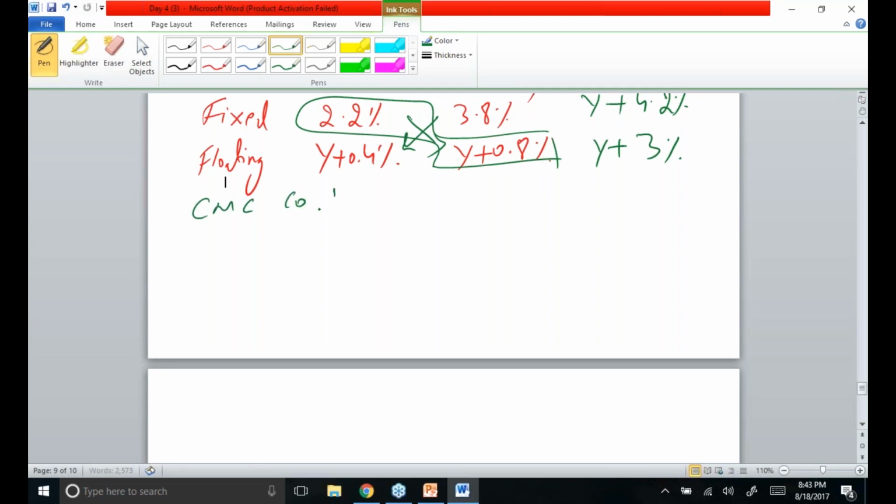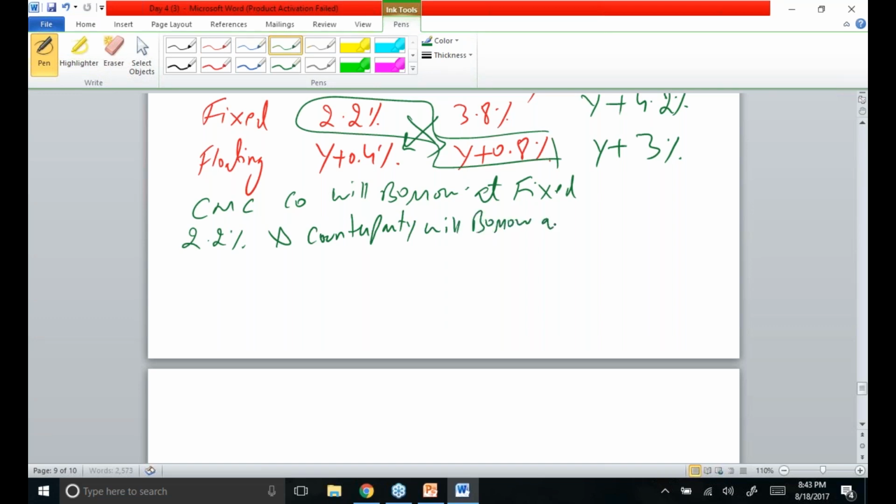CMC company will borrow at fixed 2.2 and floating, and the counterparty will borrow at yield plus 0.8%.